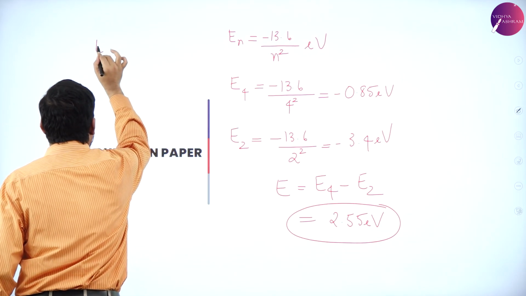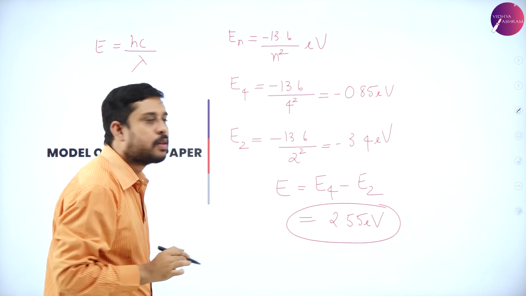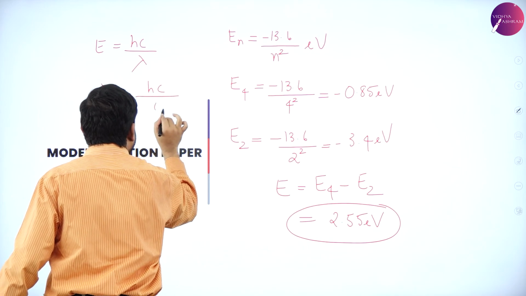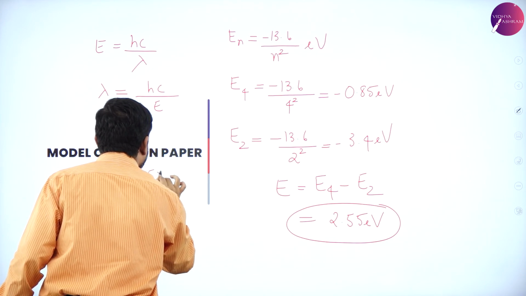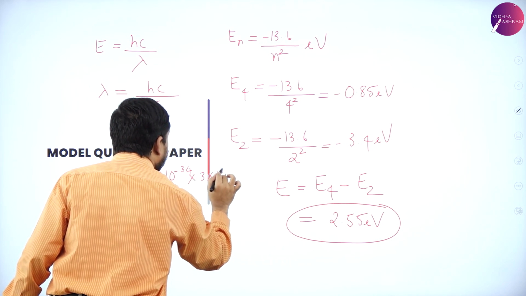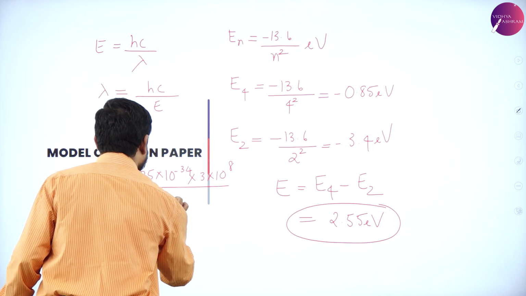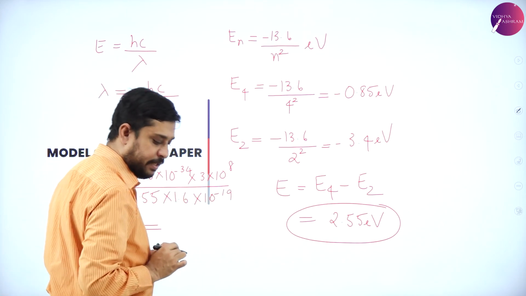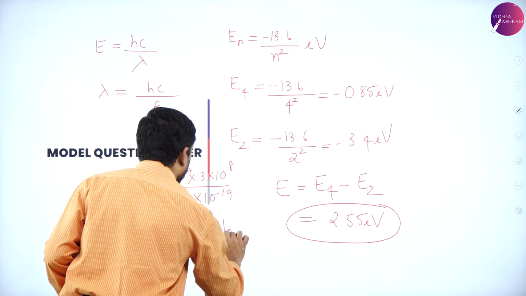Again, the energy of the photon, E is hc by lambda, or lambda is hc by E. So Planck's constant 6.625 into 10 power minus 34, 3 into 10 power 8, divided by E, 2.55, but since this is converted into joules, into 10 power minus 19. So this is nearly 498 nanometers.